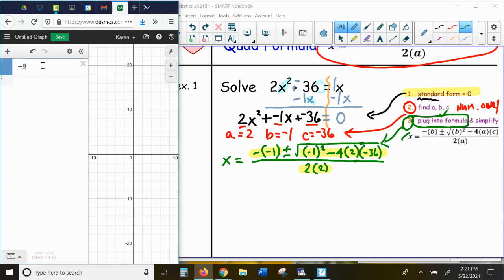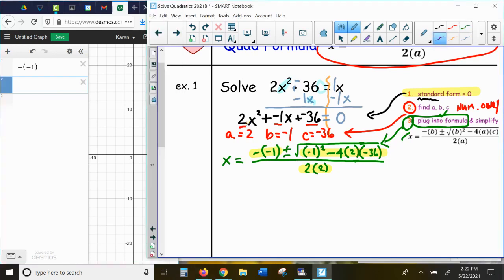Let's see if it works with negative parentheses, -1. Never even tried this. Nope, it doesn't even do anything. Anyways, negative, they're going to undo each other, and that's just going to be a +1.